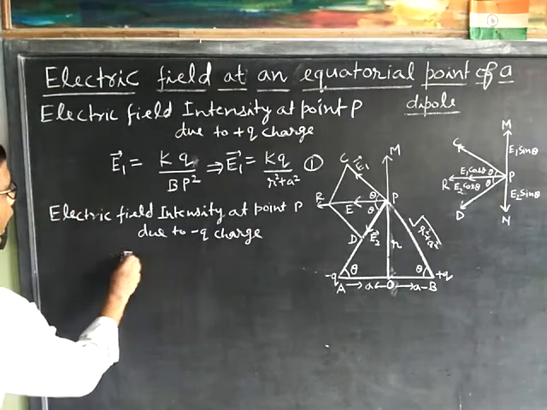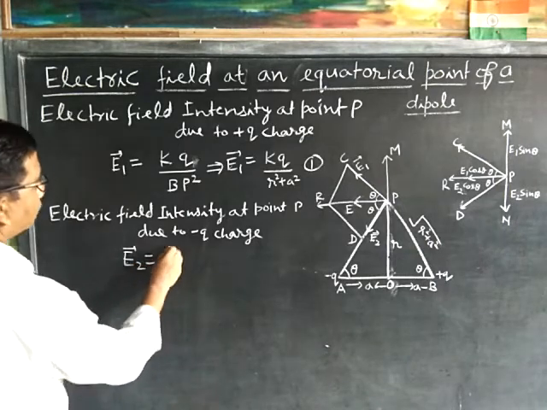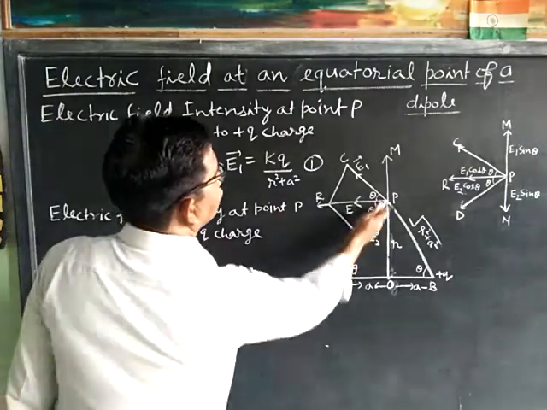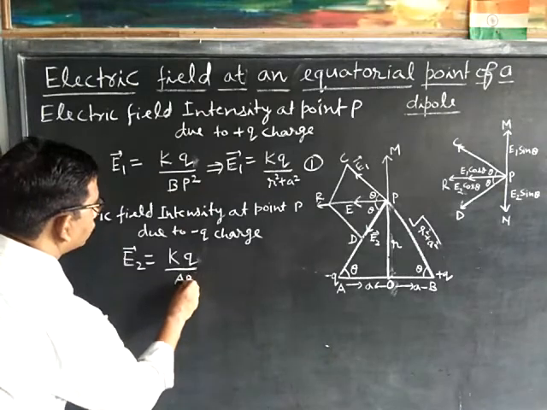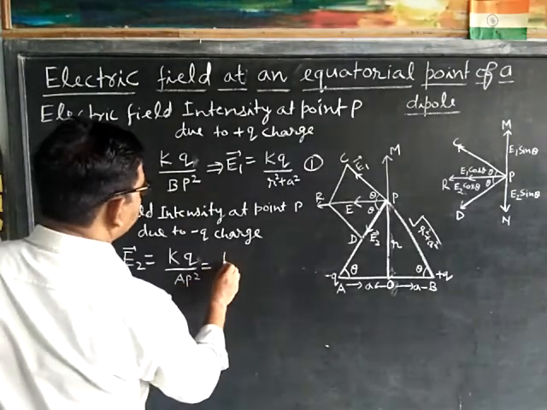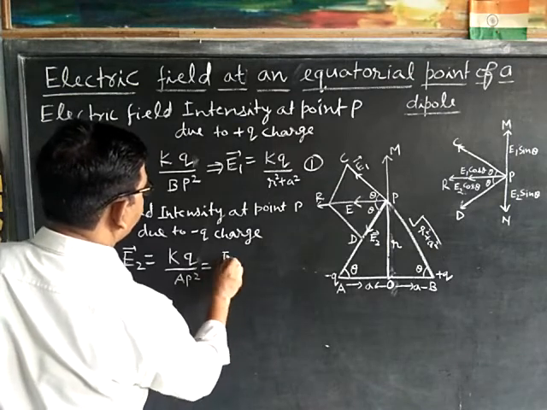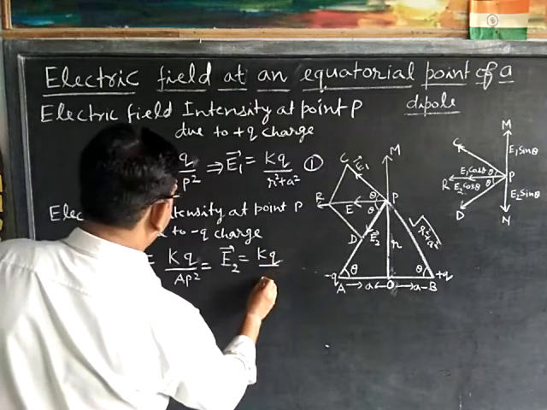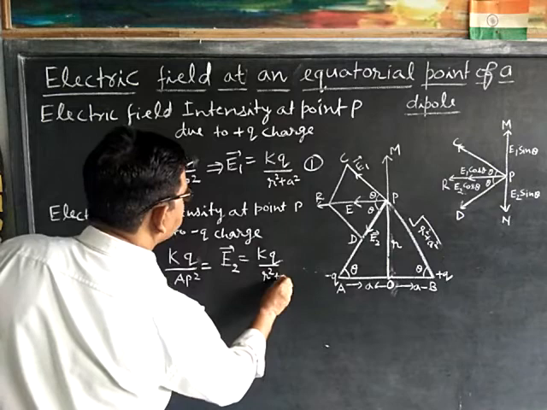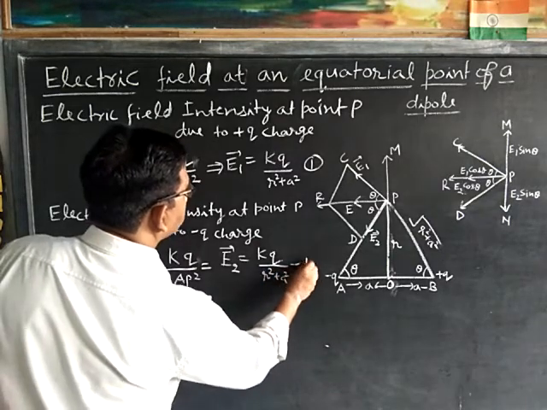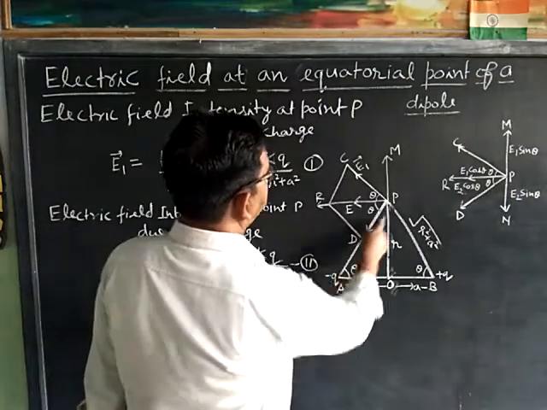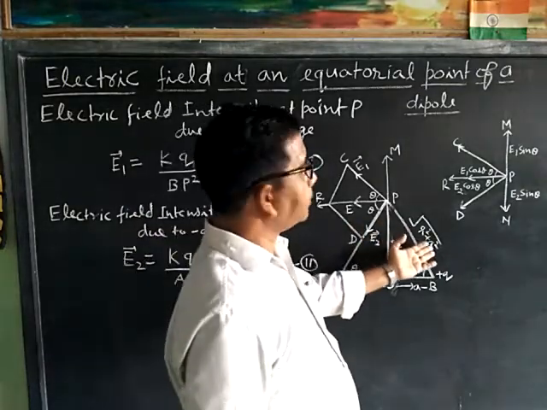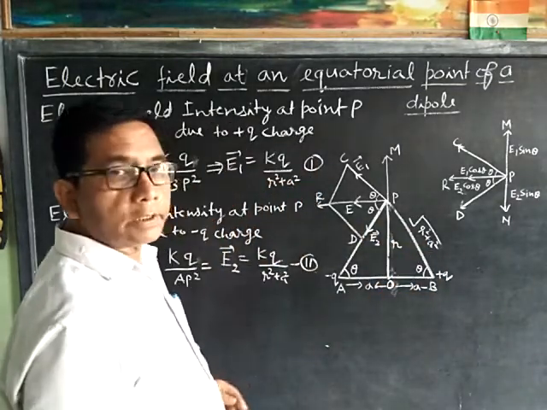Then E2 is equal to KQ upon AP square, which can also be written as E2 is equal to KQ upon r square plus a square. Suppose this is my second equation. This distance AP is under root r square plus a square also, and when we square it, it becomes r square plus a square.